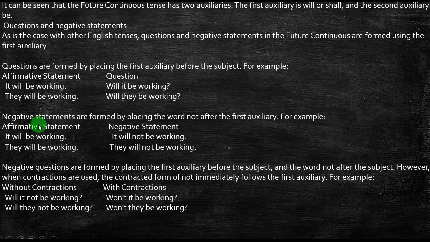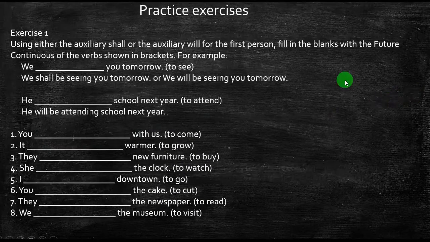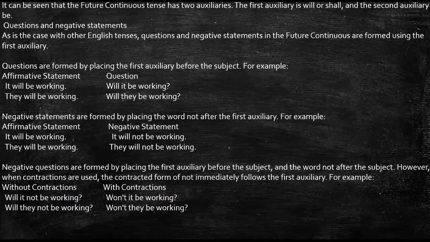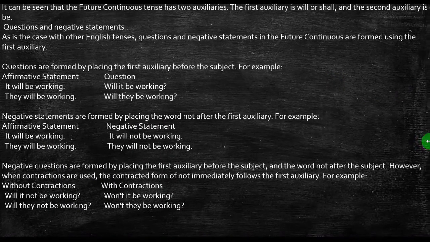Now let us see how the negative will be formed, right? So negative is formed by adding not to the helping verb. Here is the example, it will be working, it will not be working, right?